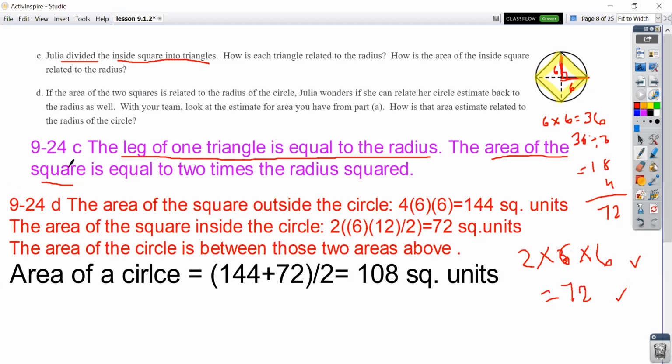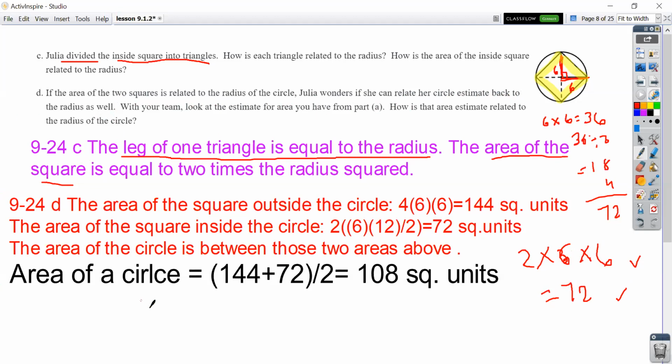All right, question D. How do the areas of the 2 squares relate to the radius of the circle? She wonders if she can relate her circle estimate back to the radius as well.